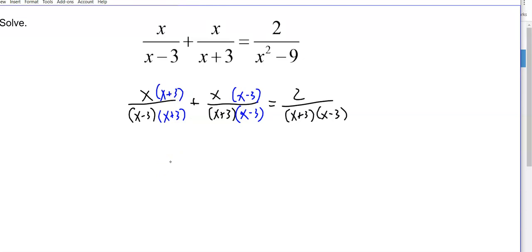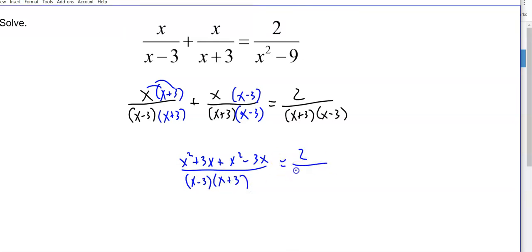I guess we can add this together, right? Do it this way. So you get x squared plus 3x plus x squared minus 3x over x minus 3, x plus 3 equals 2 over x plus 3, x minus 3.